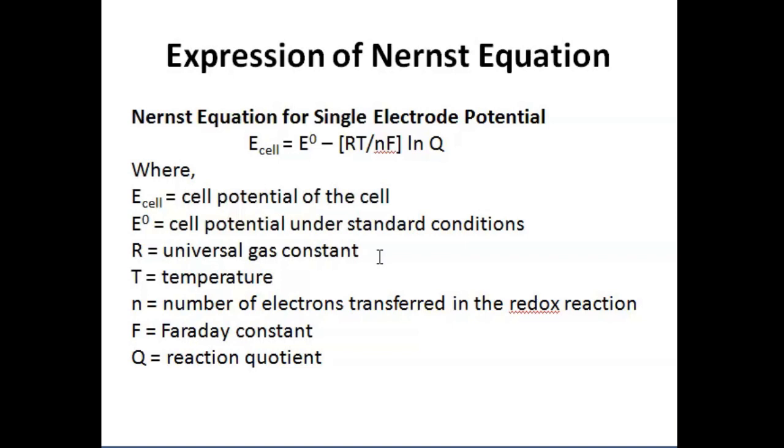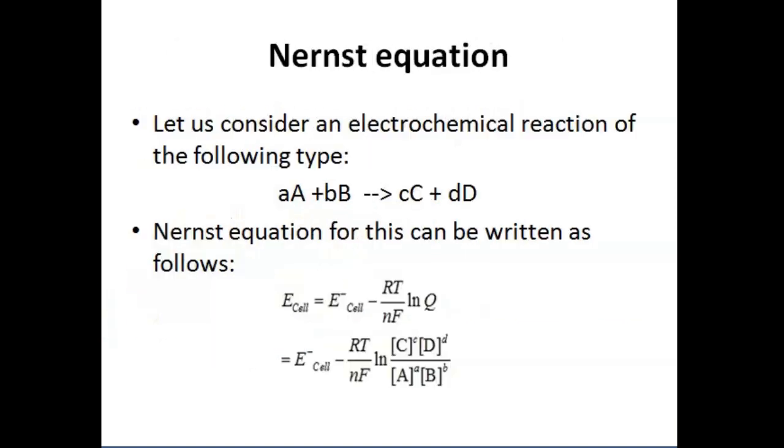Nernst's equation is a very important equation which is used to solve numericals on electrode potential. Let us take an example electrochemical reaction: aA plus bB gives cC plus dD.